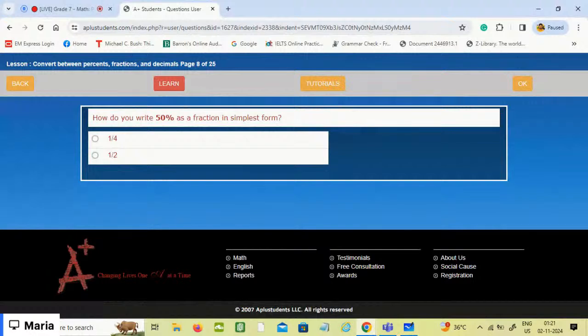That is 1 over 2. You need to write 50% as a fraction in simplest form, so that is 1 over 2. Option number 2 is the correct option.